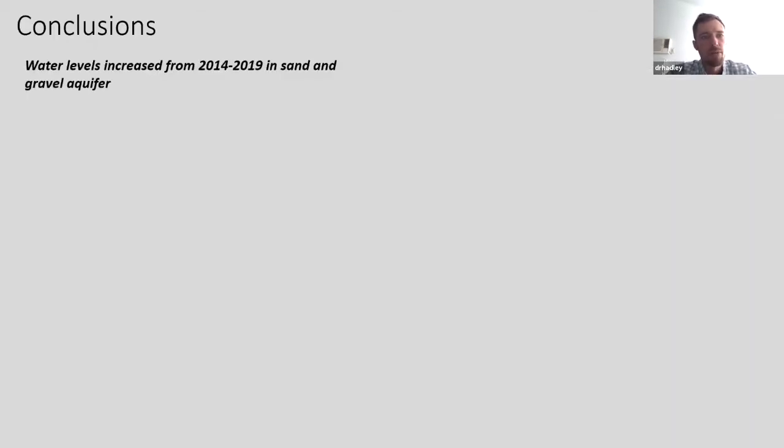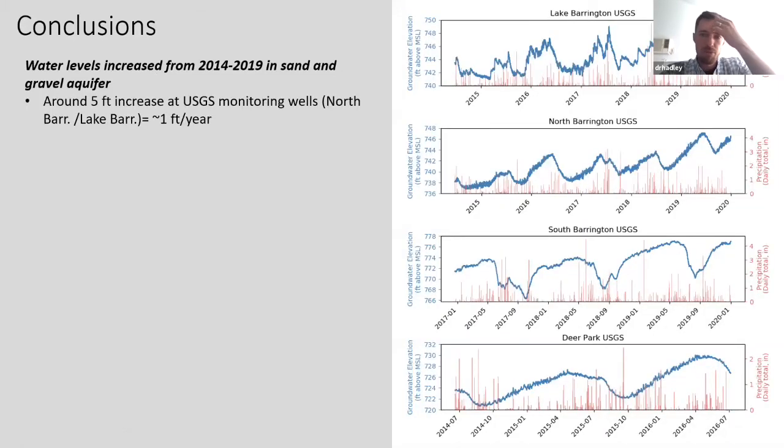Okay, so water levels increased from 2014 to 2019 in the sand and gravel aquifer. And we know that because of several data sources. We can see that at the USGS monitoring wells itself. At North Barrington and at Lake Barrington, there's essentially a 1 foot per year increase over the study period.